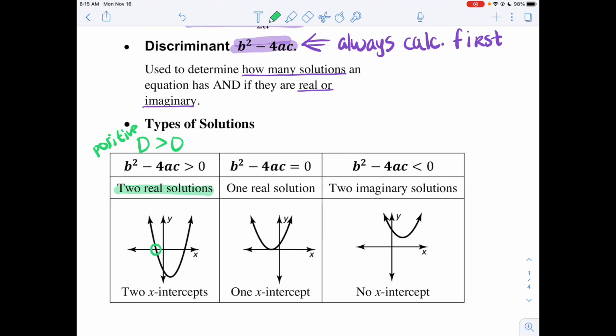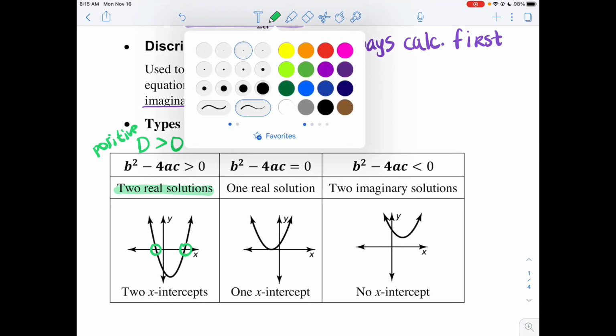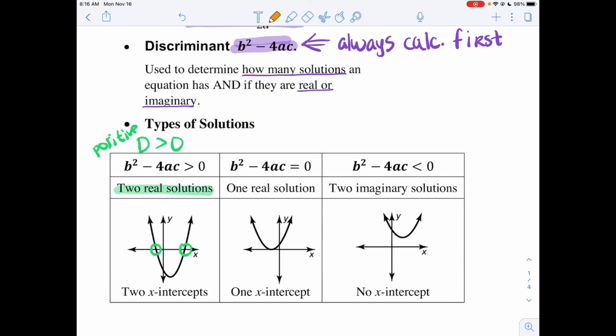And those solutions are just simply where the graph crosses the x-axis. If D is equal to 0, we're going to have 1 real solution. And this 1 real solution is going to be the one point where the graph just kind of comes and touches the x-axis. So it has 1 intercept.